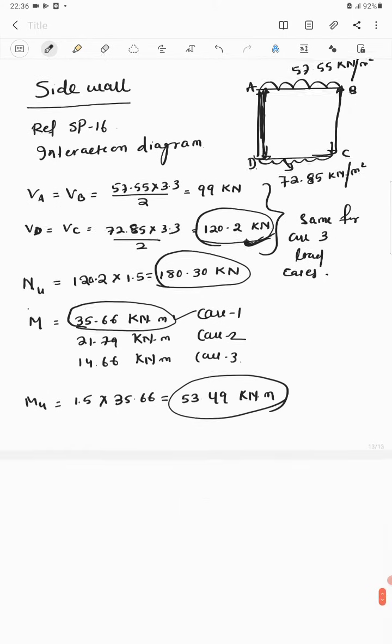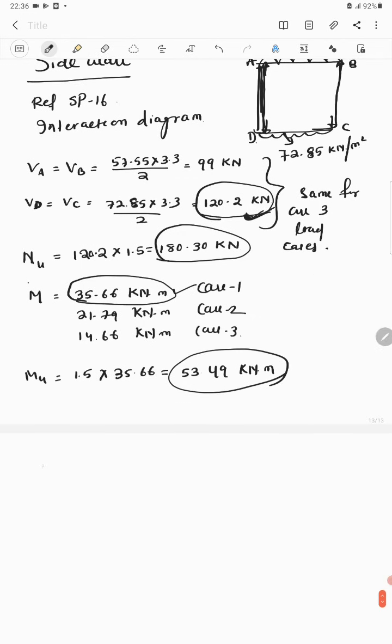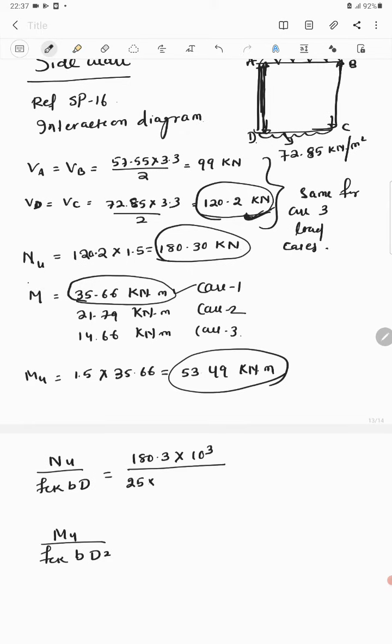Okay, so now to refer to this interaction diagram, we need to find out these two factors, that is Nu by fck b D and Mu by fck b D square. Okay, so let's calculate. This is 180.3 multiplied by 10 to the power 3, in Newton. This is 25, b is 1000, and this is 300, overall depth.